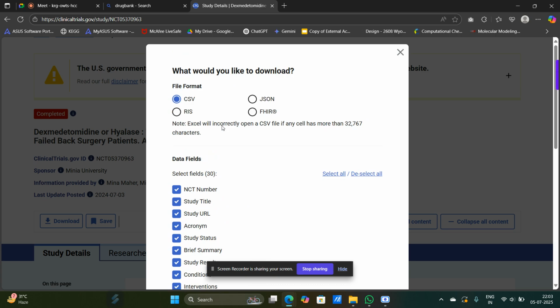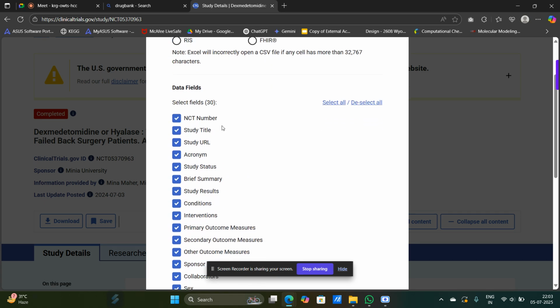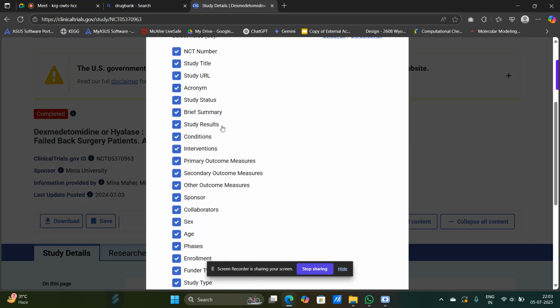But the only thing is, you might not get participant details because of safety reasons. They don't release those details. It's like if I'm enrolling myself for a clinical trial of a drug, my data is not disclosed.